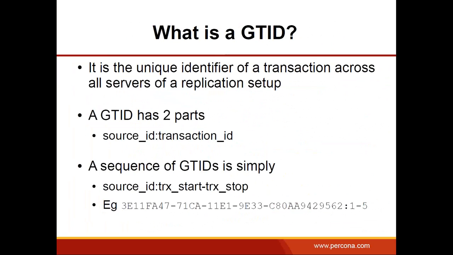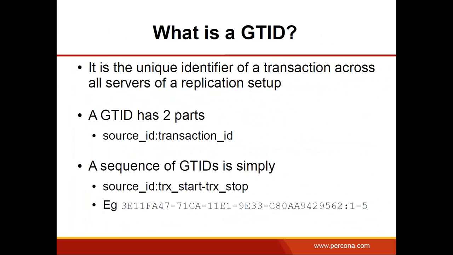It's simply a unique identifier of a transaction, and it's unique across all servers in a replication topology. A GTID has two parts. The first part is a source ID, the ID of the server, and the second part is the transaction ID.